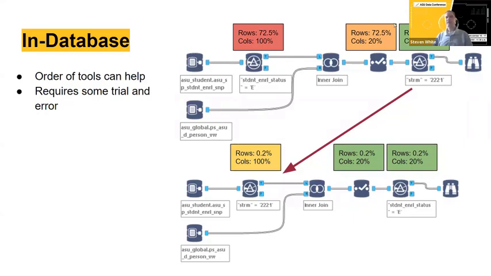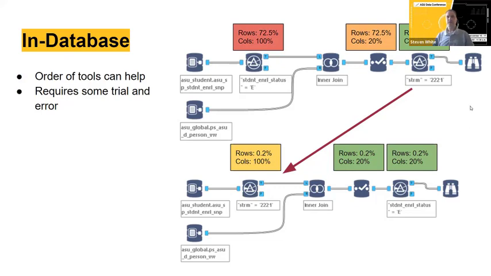So in this example, I have 2 different filters I want to use. One is on the student enroll status, and one is on the term. And then I'm also going to be deselecting 80% of the rows and just keeping the 20% that I actually care about. So as a first pass, in this example, I've put the student enroll status filter.